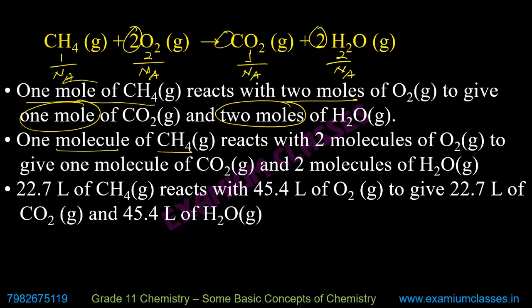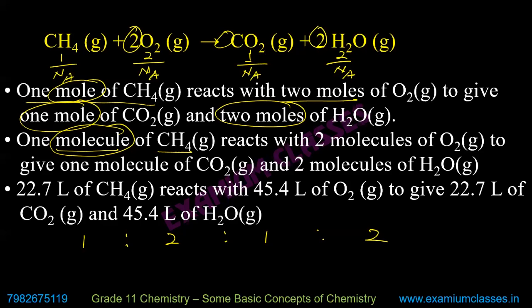So whatever is the ratio of moles, that will be the ratio of molecules, that will be the ratio of volume. Okay. So whatever is the coefficient ratio, in this case 1 is to 2 is to 1 is to 2, this is the molar ratio as well as the molecular ratio as well as the volumetric ratio. In this case, it is the volumetric ratio because all are gases. Be cautious when there are liquids, solids, or aqueous compounds.